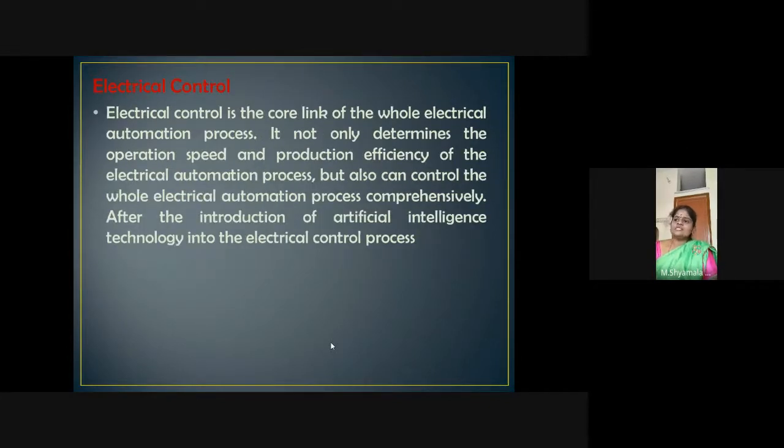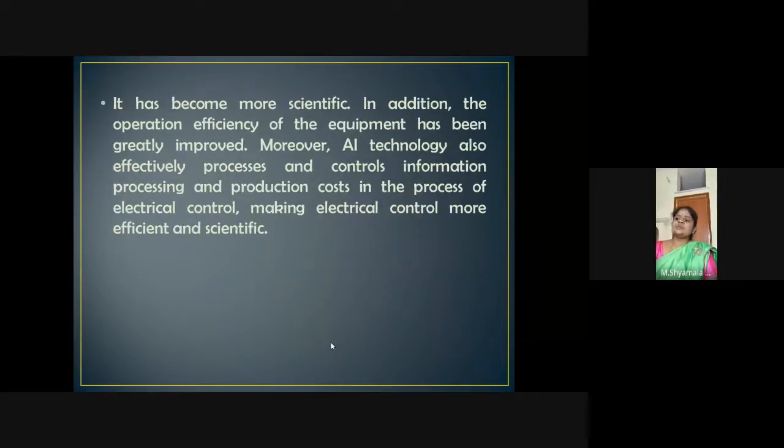So in the third case, electrical control, it is a core link of the whole electrical automation process. It not only determines the operation speed and production efficiency of an electrical automation process, but also controls the whole electrical automation process comprehensively. After the introduction of artificial intelligence technology into this electrical control process, it has become more scientific.